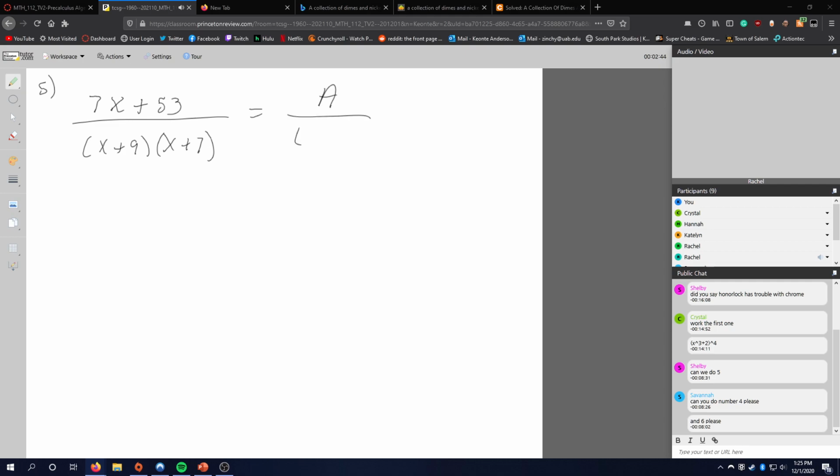I'm going to do a partial fraction decomposition here. I know this is going to separate into A over x plus 9 plus B over x plus 7.